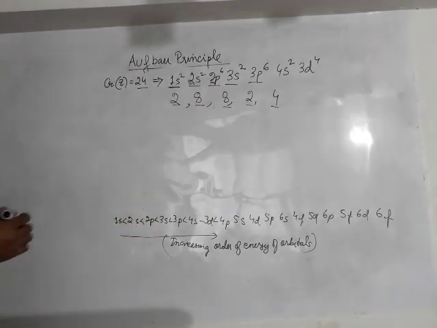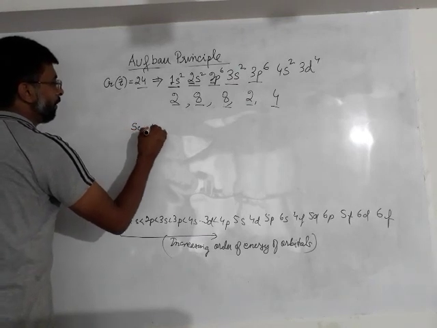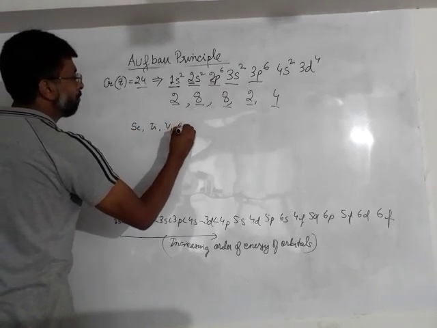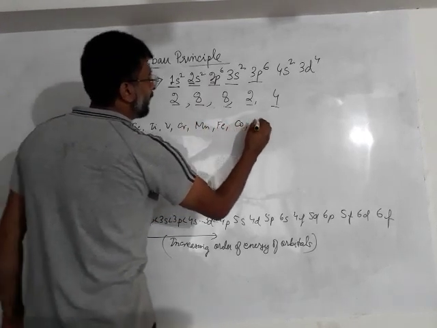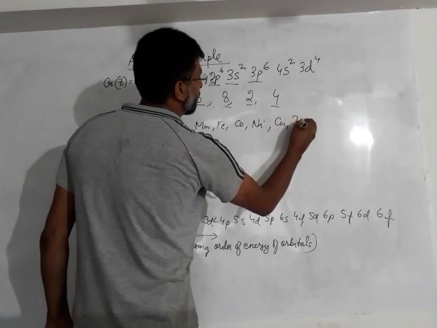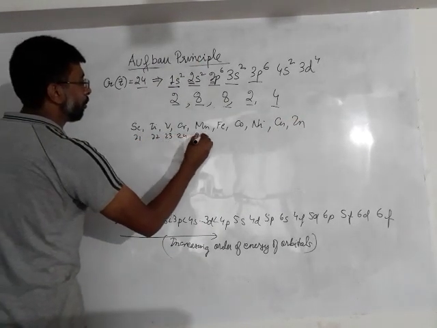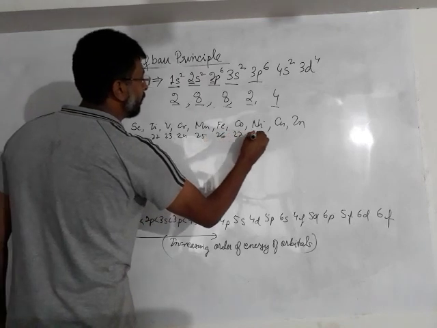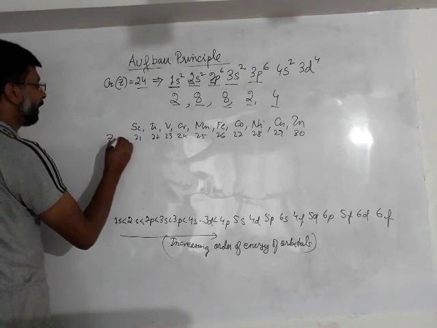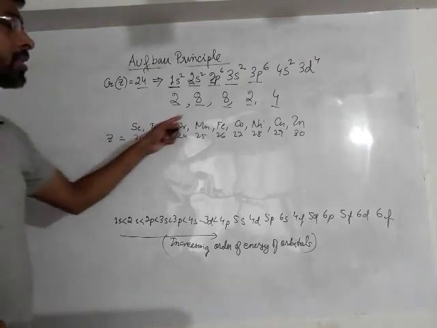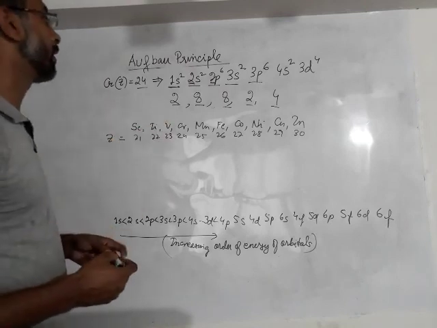Now chromium, if you look at the periodic table, comes under the d block: scandium, titanium, vanadium, chromium, manganese, iron, cobalt, nickel, copper and zinc, with atomic numbers 21, 22, 23, 24, 25, 26, 27, 28, 29 and 30. This is the first series of the d block elements, whose atomic numbers and symbols are written over here.